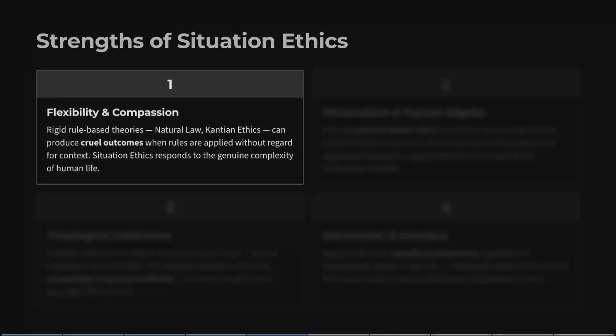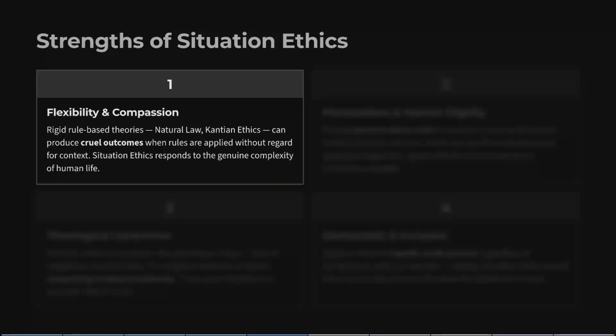Flexibility and compassion. Rigid rule-based theories can produce cruel outcomes when rules are applied without regard for the context. Consider a strict natural law position that condemns contraception even where pregnancy would endanger a mother's life. Consider a strict Kantian position that demands honesty even when telling the truth would lead to someone's death.